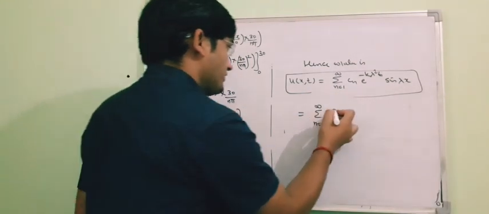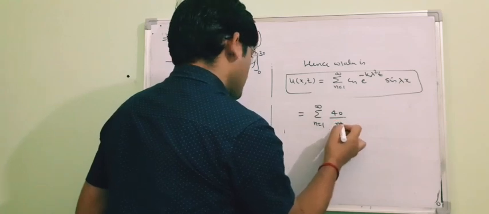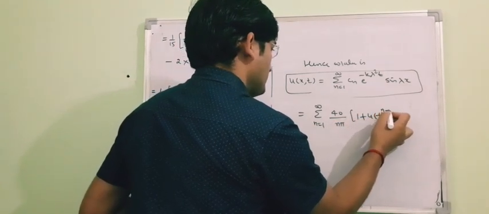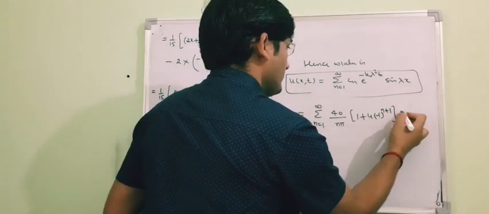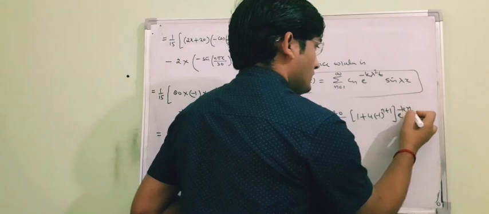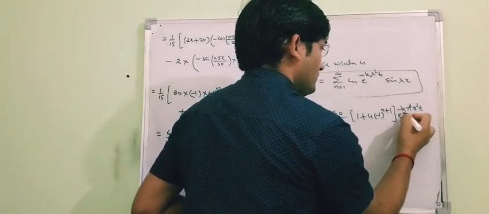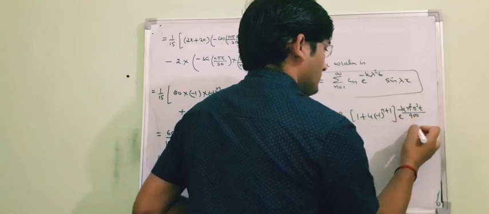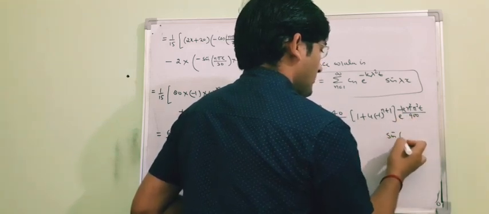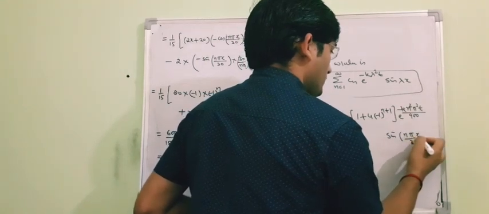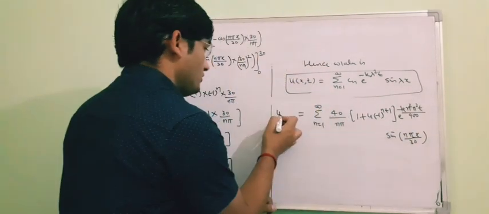Let us put the value of Cn as 40 upon n pi into 1 plus 4 minus 1 power n plus 1, then e power minus k lambda square t, where lambda was n pi upon 30, so lambda square is n square pi square upon 900, into sin(n pi x upon 30). So this is your solution of the problem.